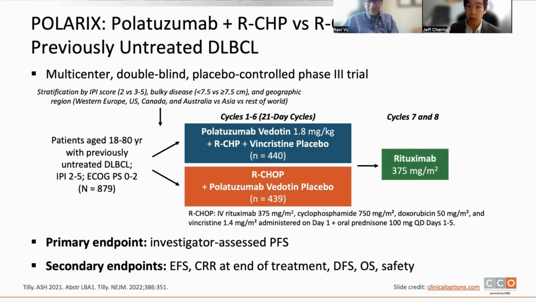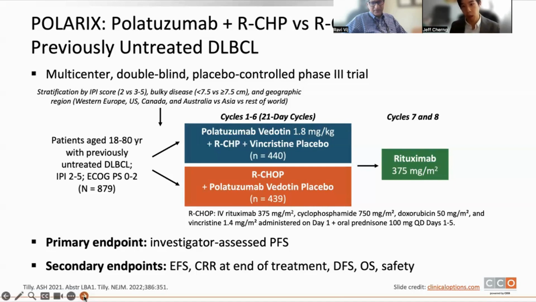And this ultimately randomized patients between classical R-CHOP for 6 cycles, followed by 2 cycles of rituximab alone, versus the replacement of the vincristine, vinca alkaloid with polatuzumab vedotin, which is an antibody drug conjugate that targets CD79B and has a monomethyl auristatin E payload attached, which we think has a similar sort of toxicity profile as well as mechanism of action as vincristine.